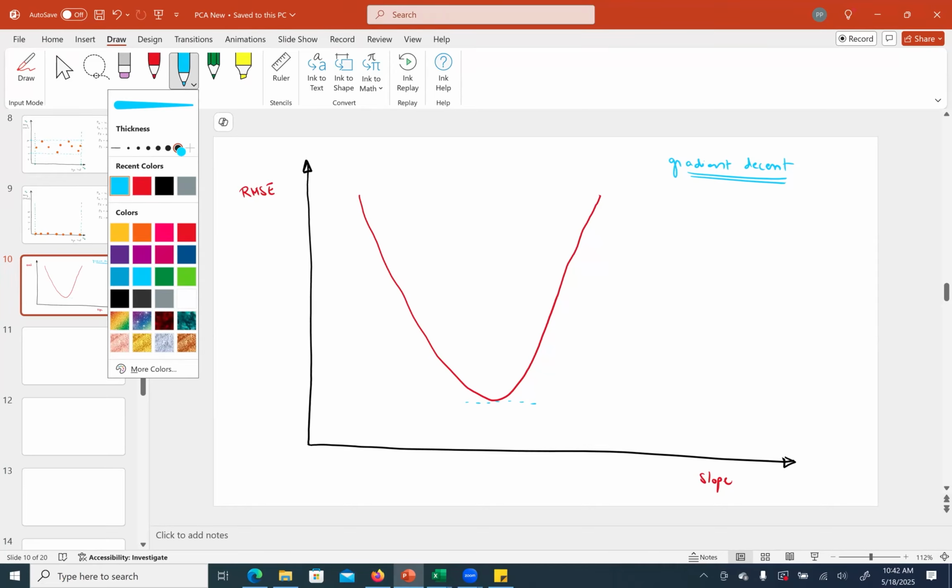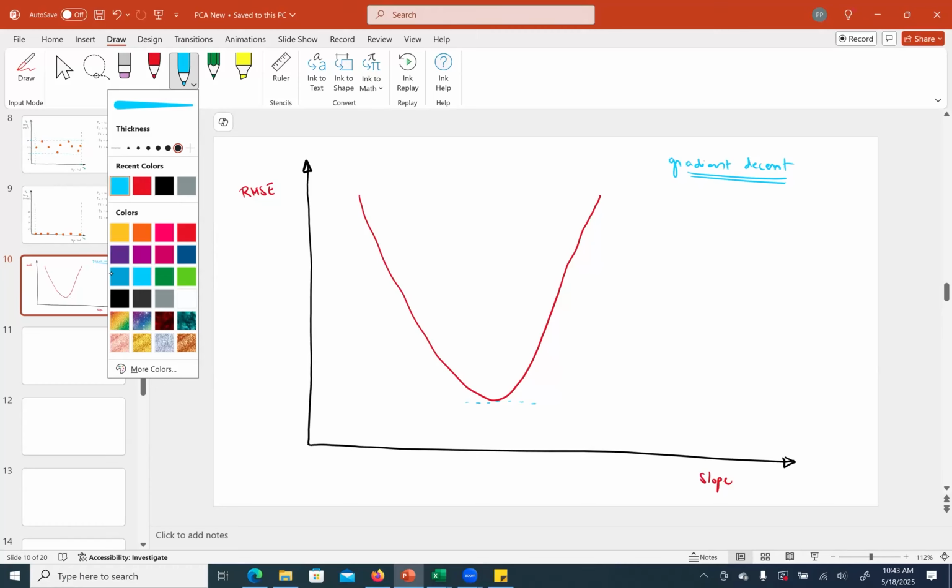How did we find the minimum value over there in linear regression? We took the derivative of the slope. Very nice. We did the derivative, and that's how we were able to find it. But in many places the derivative is not possible. So what do we do?